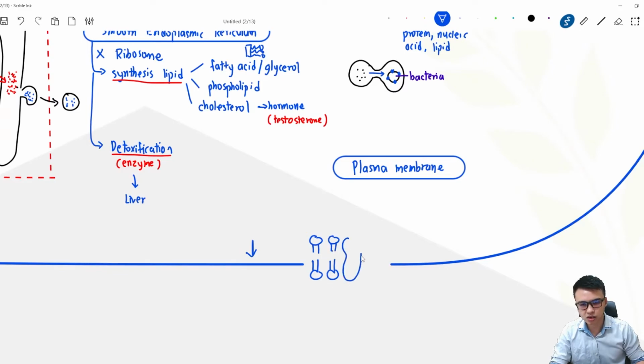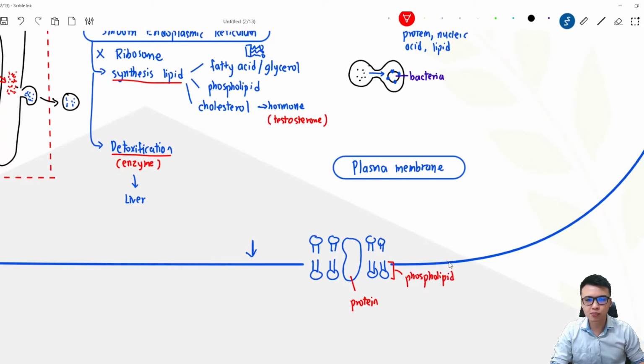Inside it has a big chunk of stuff, and then small little guys again. The structure in the middle, these big things, are called the protein. The small little guys here are called the phospholipid. That's why the main components of the plasma membrane are the phospholipid plus the protein.